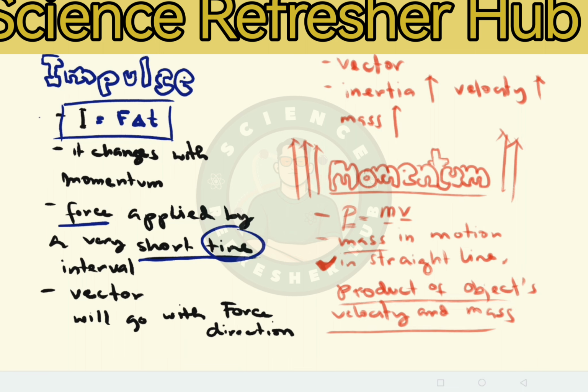Remember, impulse is the change in momentum, or as other books discuss it, a change in momentum. So the amount of force applied in a very short time can affect the momentum, because impulse is just a change in momentum.